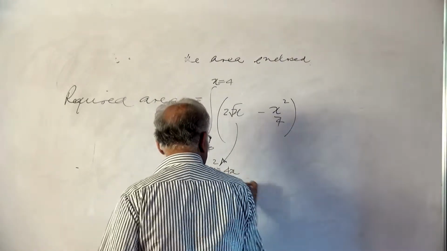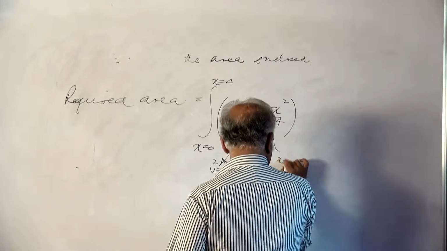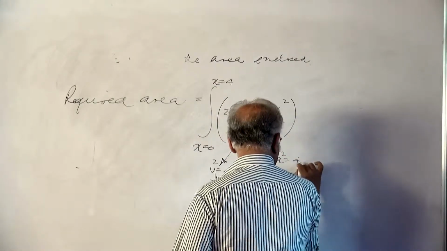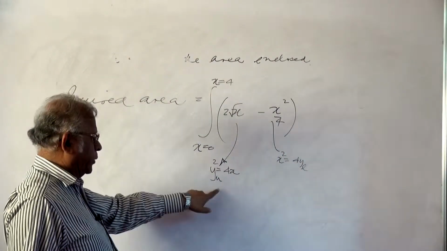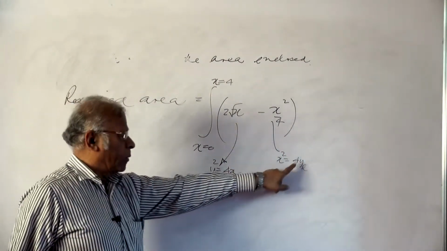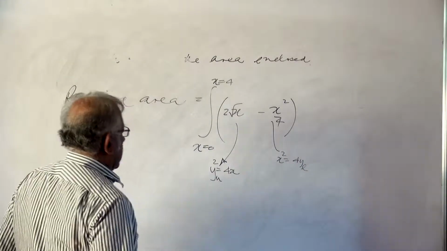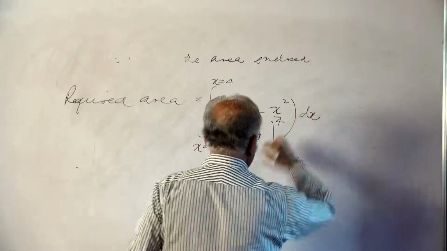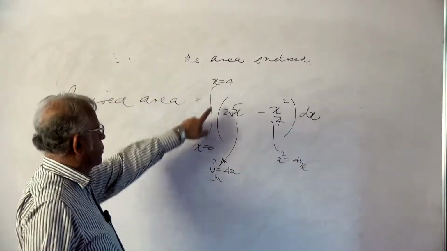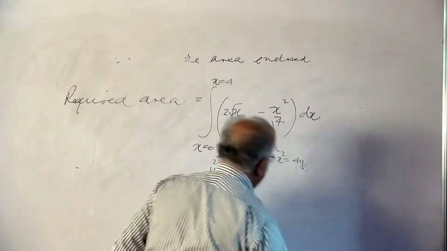This is the upper one. And this comes from x square is equal to 4y, lower curve. Y sub u is y upper curve. Y sub L is y lower curve. So once we carry out this integration and substitute the limits of 0 to 4, we will see what we get just 1 or 2 steps away.